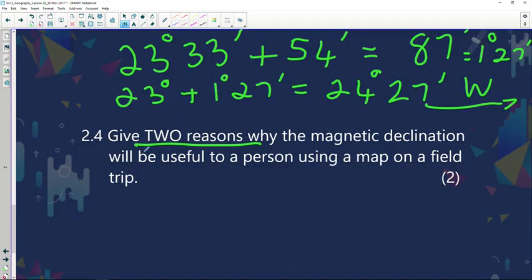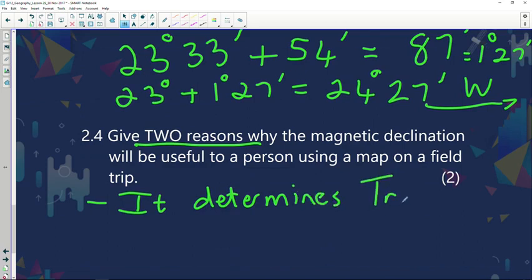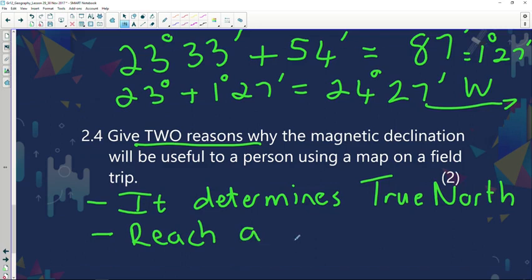Give 2 reasons why the magnetic declination will be useful to a person using a map on a field trip. Now, first of all, it determines true north. Because unfortunately, if you use a compass, it shows you magnetic north. And secondly, it helps to reach a destination using a compass.